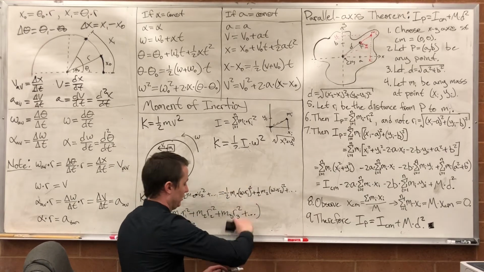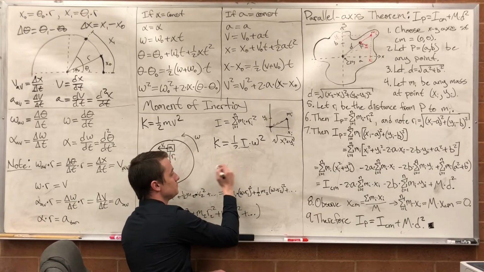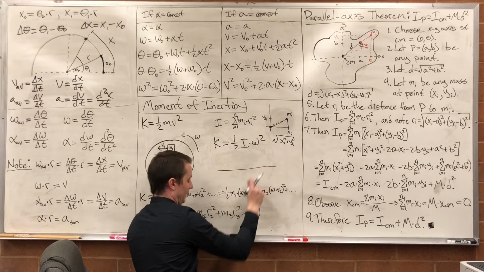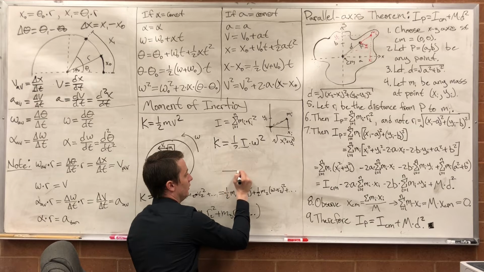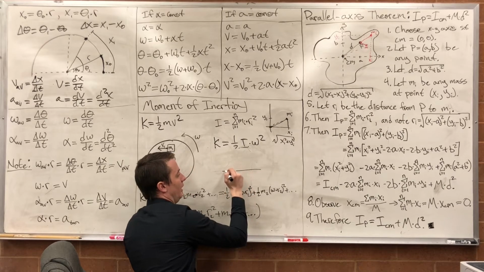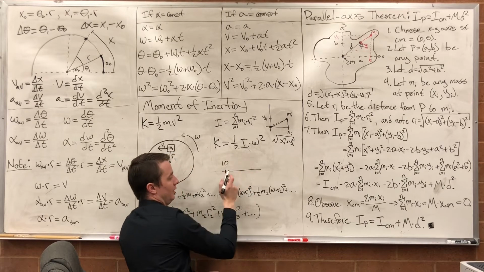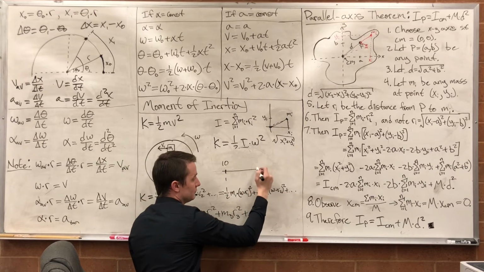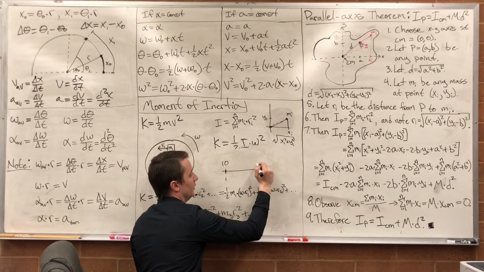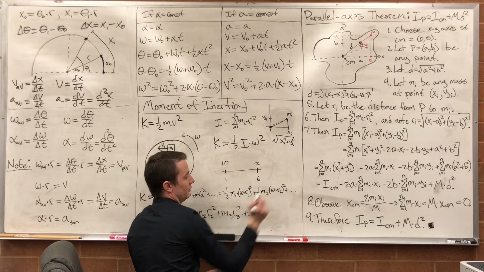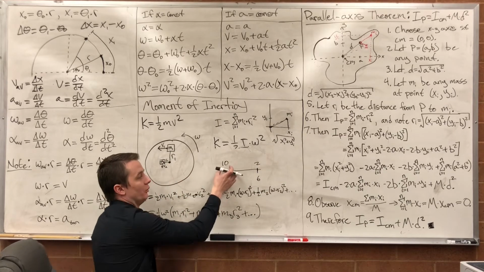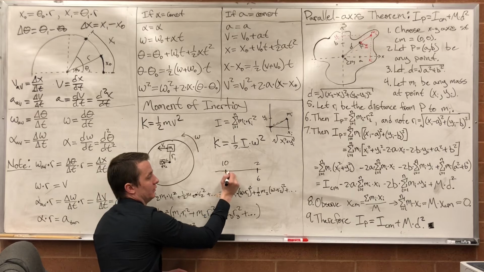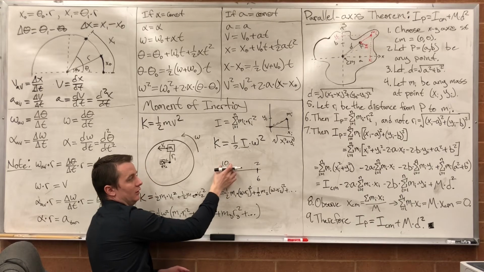Draw out a picture really quick. If I have a mass of 10 at 1, and I have a mass of 2 at 6, where's the center of mass? I do the mass times where this one is. So here's 0 over here.